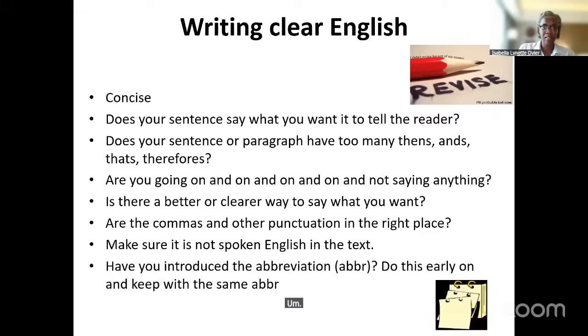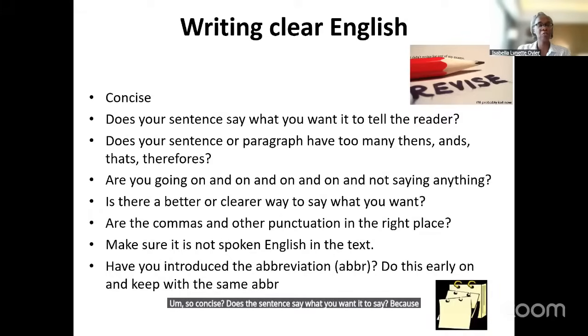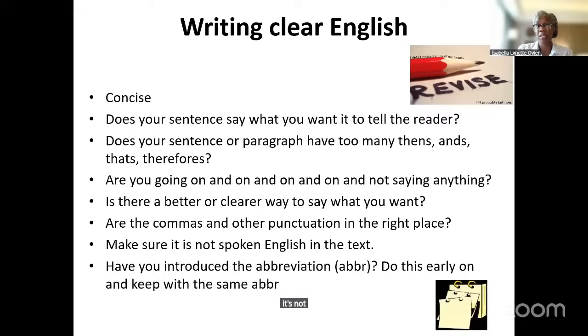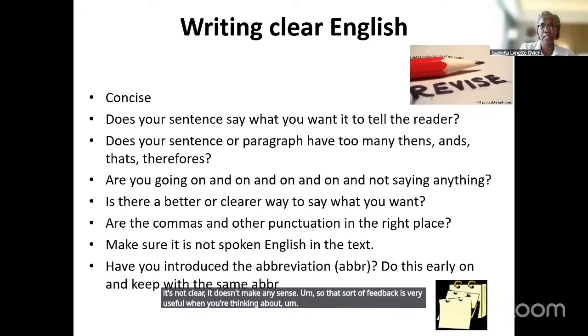So, be concise. Does the sentence say what you want it to say? Because you have something in your mind, you've written it down, and you think, yeah, it says what I wanted to say. But if somebody else reads it and says, actually, it's not clear, it doesn't make any sense, that sort of feedback is very useful when you're thinking about the clarity of your writing.